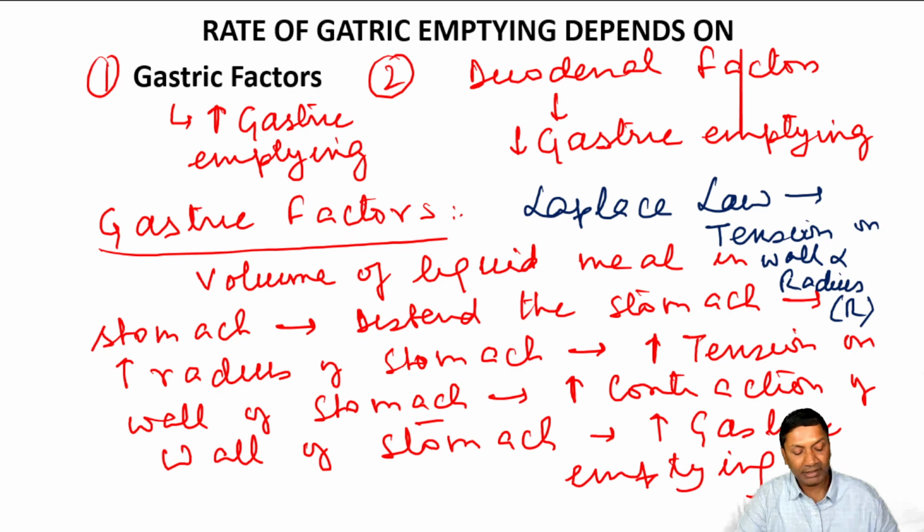Here the wall is of the stomach, and the radius is the radius of the stomach. So the more the radius, the more tension there will be. More tension means what? A more powerful contraction, and this will lead to gastric emptying.